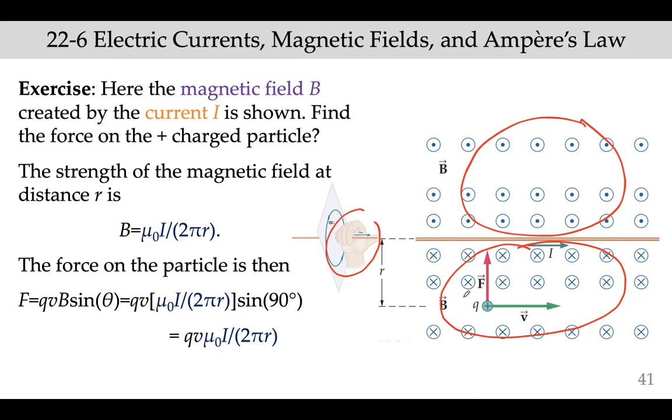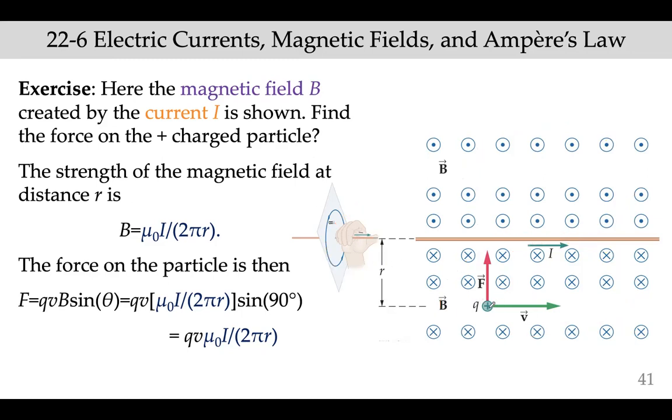Okay, so we have the charged particle here. The question is, find the force on that charged particle. So it has the charge, it has the velocity, and there is some background magnetic field that's created by this wire.